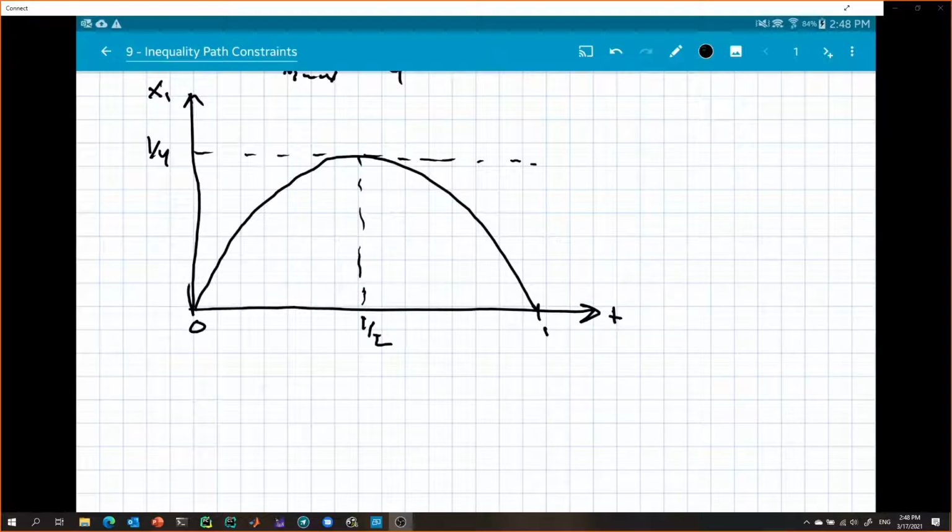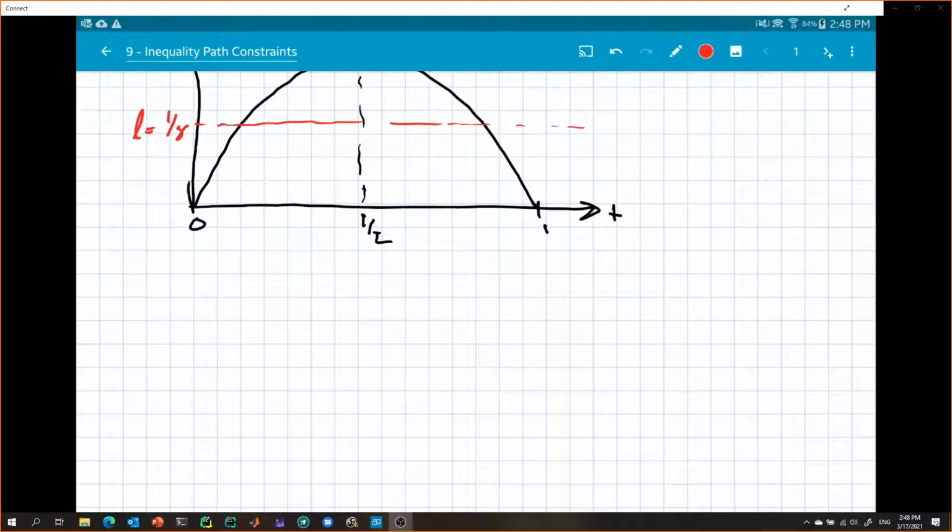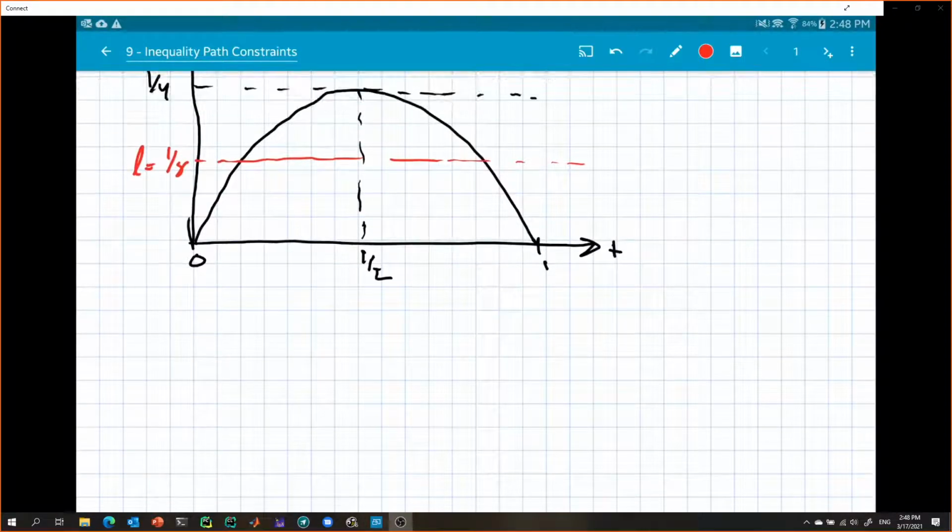So what we're going to do next is we're going to make L equal to 1/8. So in that case, we know that the problem is then going to be constrained. So let me go here, set L is equal to 1/8.